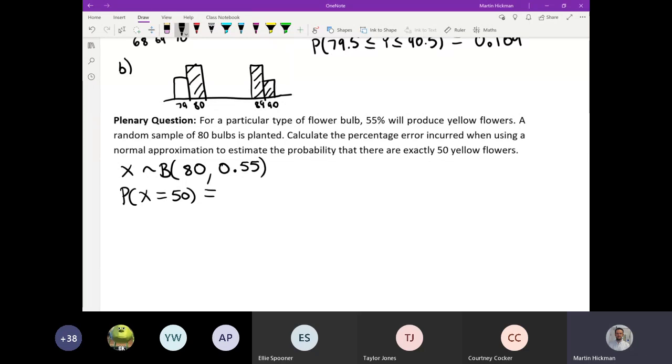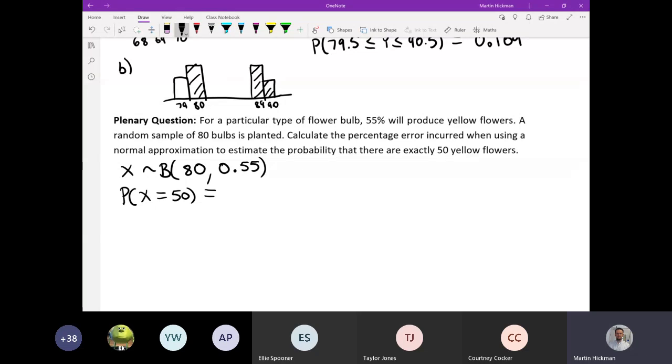We wouldn't bother approximating it to normal. But the idea of this question is just to show you that the approximation does give you something that is fairly close. So if I want to work out the probability that x equals 50, I'm looking at exactly 50. I'm looking at a particular value. So I want to use binomial PD, okay, not binomial CD. I want to use binomial PD here.